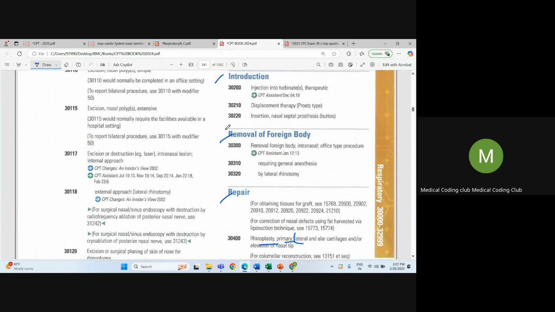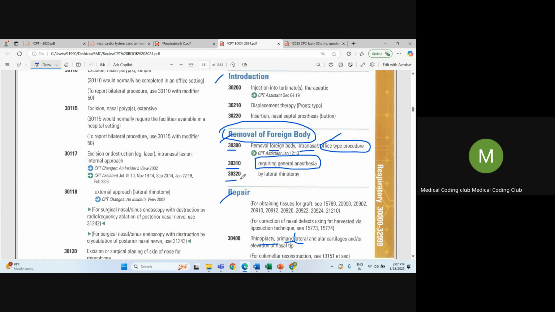Our question is about removal of foreign body. 30300 says removal of foreign body, intranasal, office type procedure. Office type procedure is a simple procedure where they can easily remove the foreign body using forceps. Next, 30310 says requiring general anesthesia. Here the patient needs general anesthesia to perform the procedure. This is a little complicated, the patient may not tolerate the procedure, which is why they go with general anesthesia.